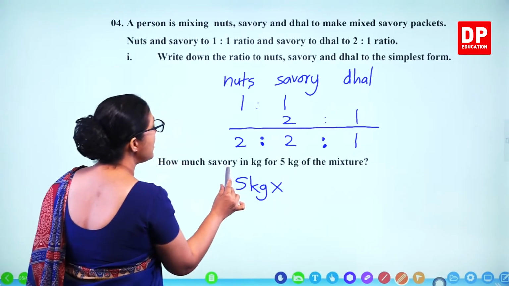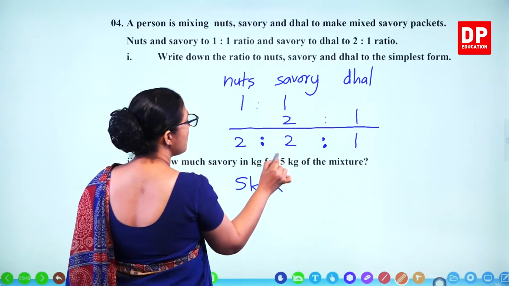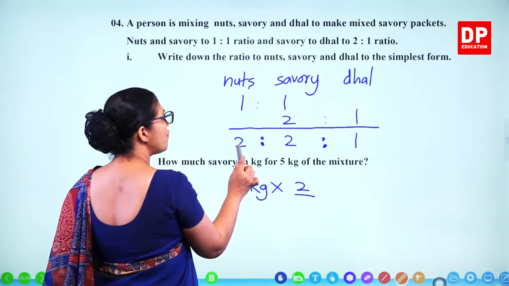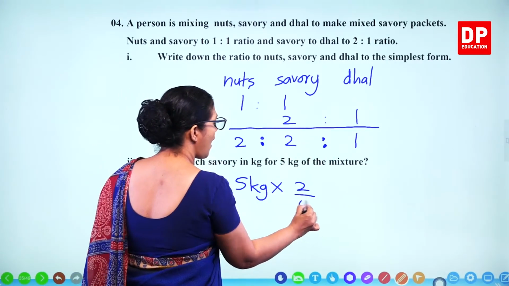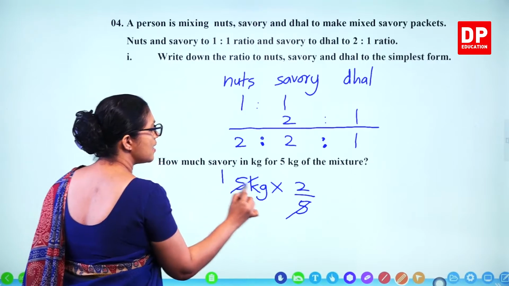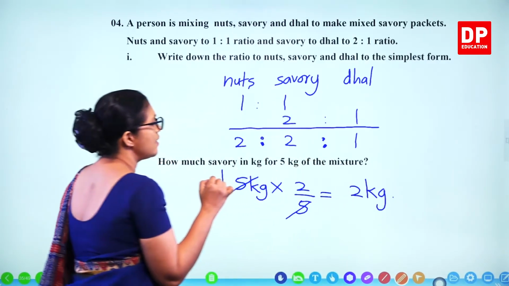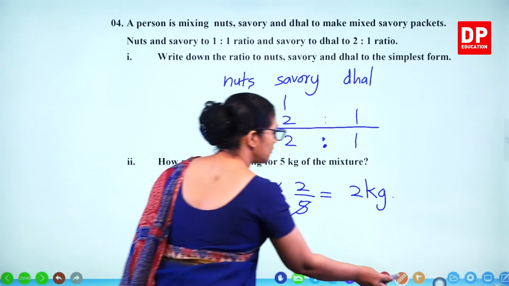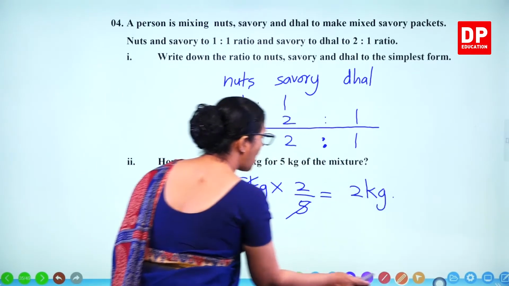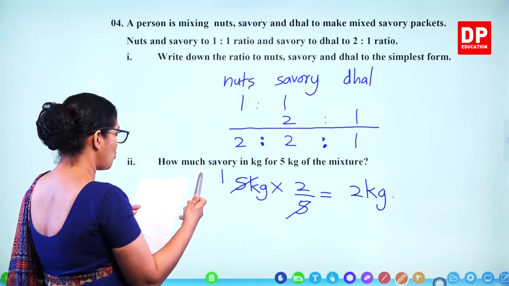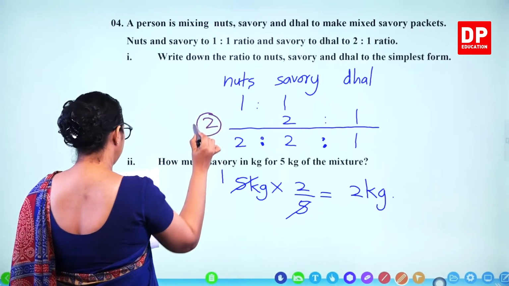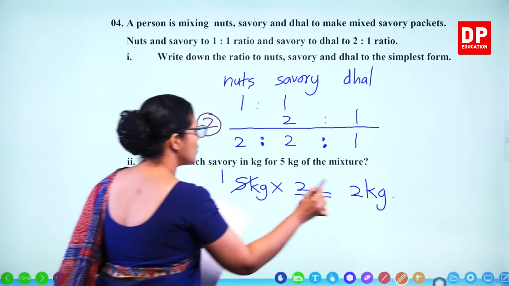What's the fractional part for savory? 2 parts out of 2 plus 2 plus 1, 5. So that means 2 kilograms of savory are there. So 2 to 2 to 1, 2 marks here, and 2 kilograms, 2 marks.